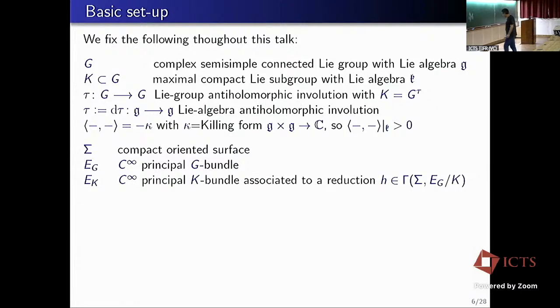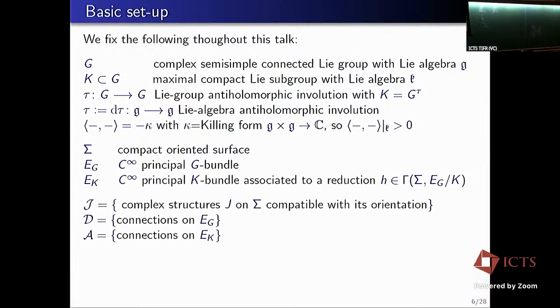Yeah, it will be E all the time. That's in my mind. And the main objects are these. J is the space of complex structures that we want to couple.